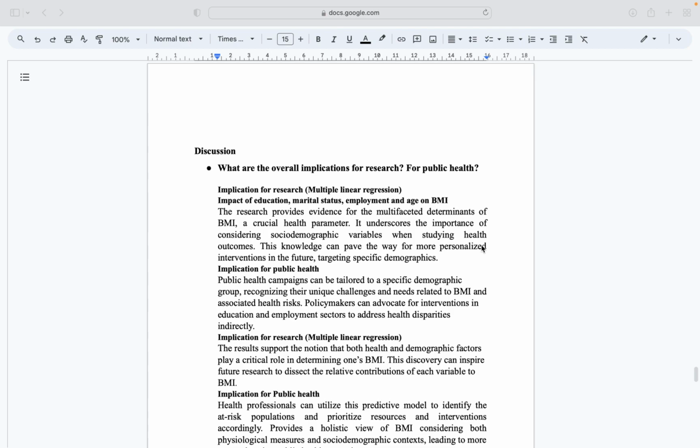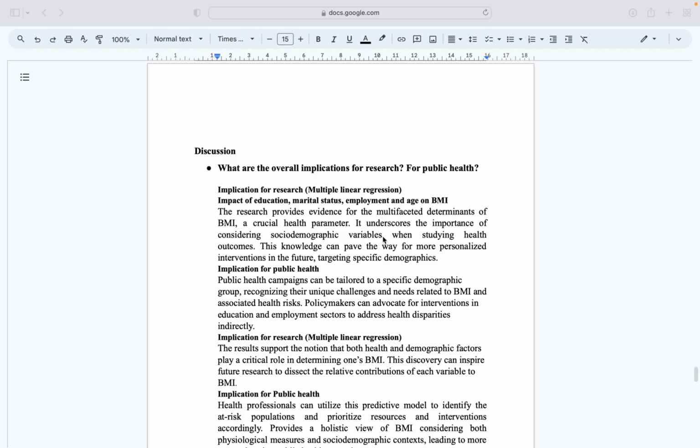For discussion, what are the overall implications of this research for public health? This research provides evidence for multifaceted determinants of BMI, which is a crucial health parameter. It also underscores the importance of considering social demographic variables when studying health outcomes.